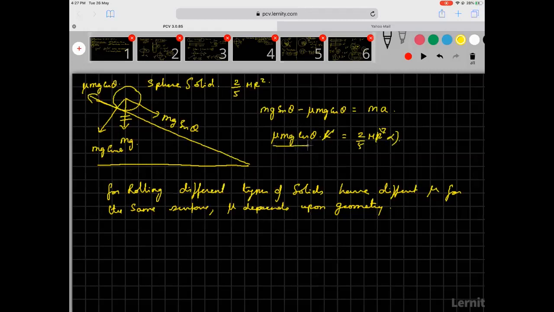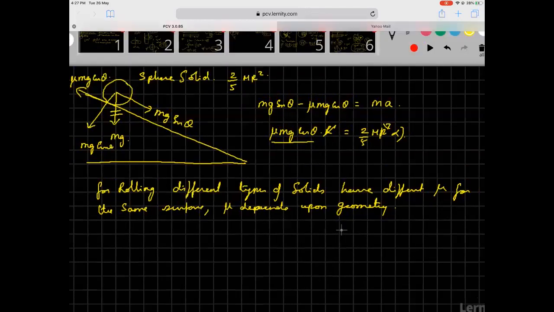So from here I can say mu mg cos theta is equal to 2 by 5 ma. When I substitute that here, what will I get? I'll get mg sine theta is equal to 7 by 5 ma. So m gets cancelled and I'll get a is equal to 5 by 7 g sine theta.